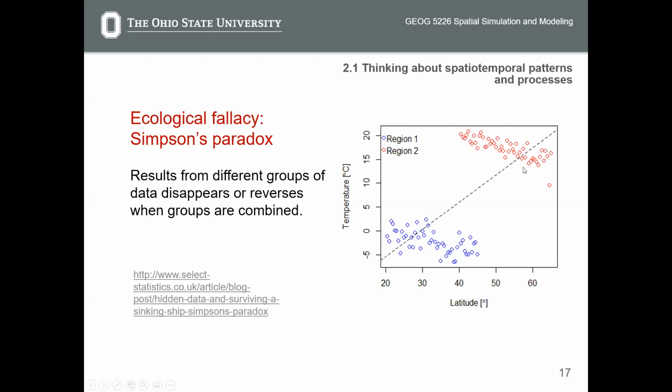But if you combine them, put all of the dots in this scatter plot, the correlation reversed and is now positive. So you should be very careful with scale when you're addressing GIS or spatial related issues and problems.